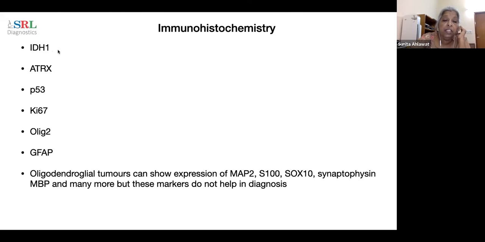The immunohistochemistry which is required is IDH, ATRX, P53, GFAP, Olig2, and Ki67. Oligodendrogliomas can express a lot of antibodies, including S100, SOX10, MAP2, myelin basic protein, synaptophysin, you name it, and you will find reports showing positivity in oligodendroglioma. But these are of no diagnostic use in oligodendroglioma.